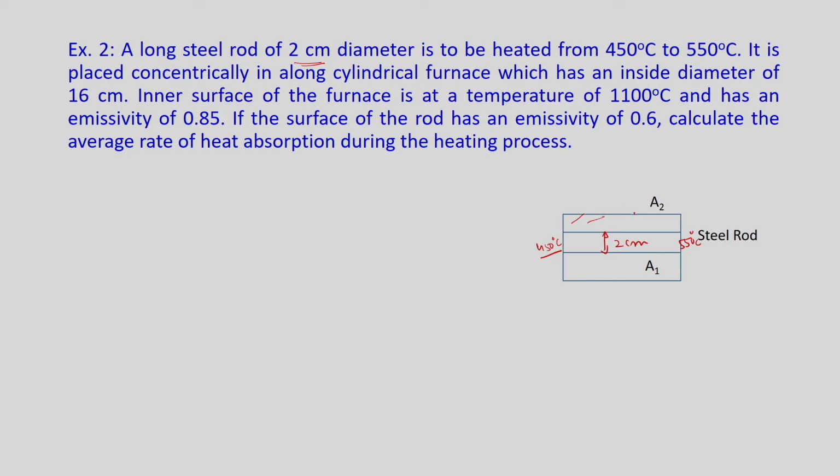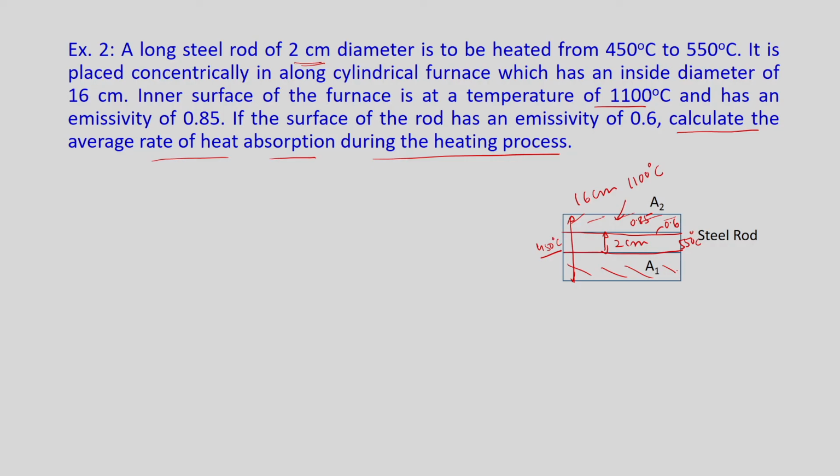This may be a cylindrical furnace, and this rod is kept inside it, and the inside diameter of the cylindrical furnace is 16 centimeter. The inner surface of the furnace is at 1100 degrees C, and its emissivity is 0.85, and the emissivity of the rod is 0.6. We need to calculate the average rate of heat absorption during the heating process.